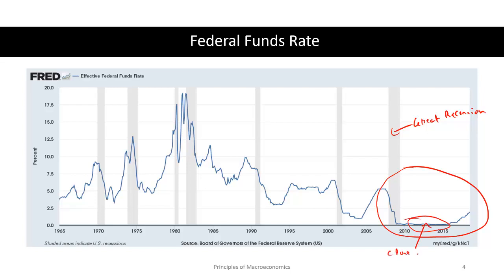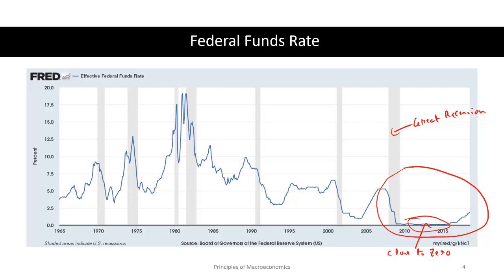And it was a deliberate policy that the Fed took to bring down the interest rate so that investment and consumption increase, and as a result aggregate demand was expected to increase. However, during the Great Recession, aggregate demand didn't go up fast enough, especially through a decreased interest rate.